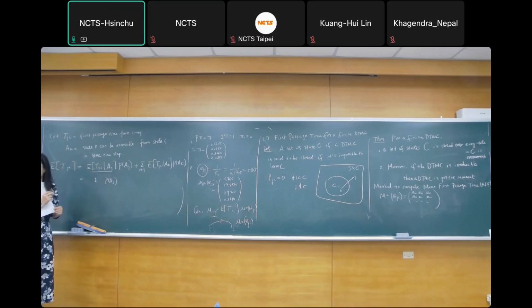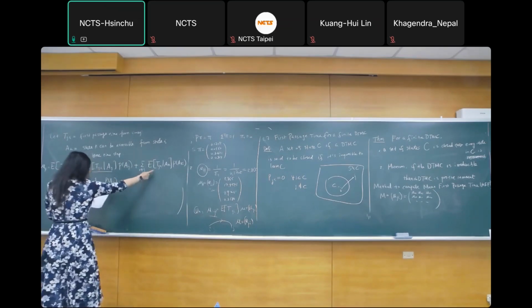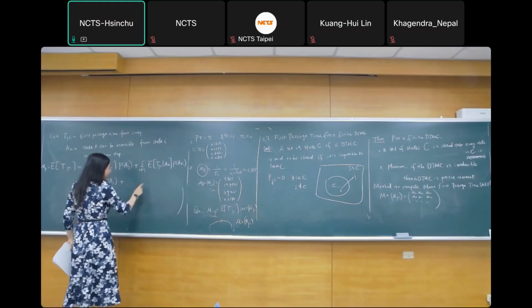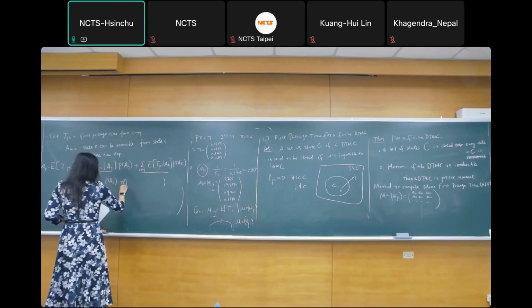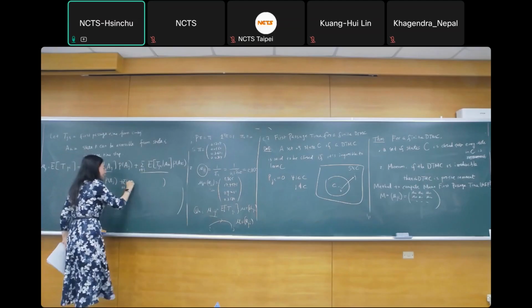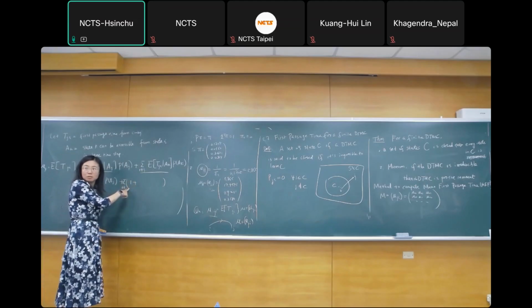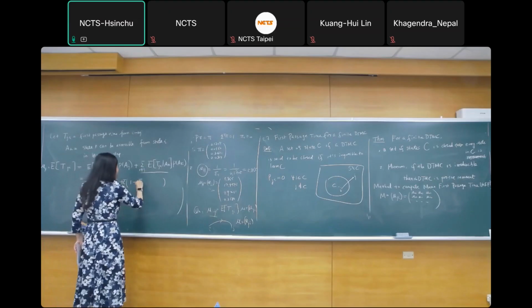Sorry, I to J. It's a one step thing, so the expectation is one. And if not, what do we do in this case? I already wasted one step of my time. Then what happened next?